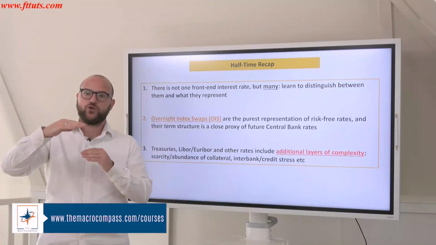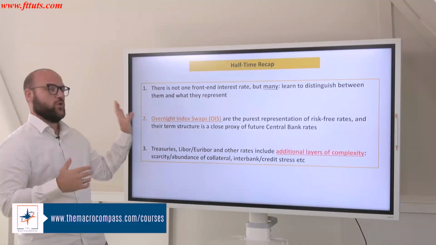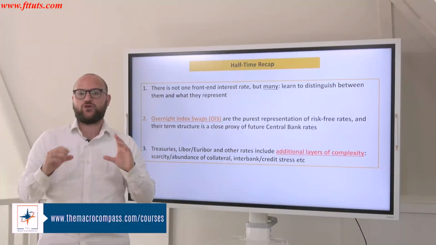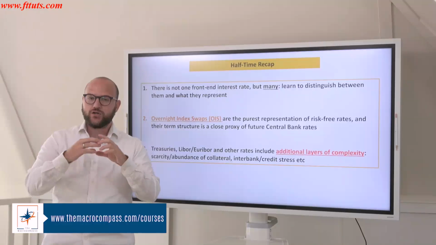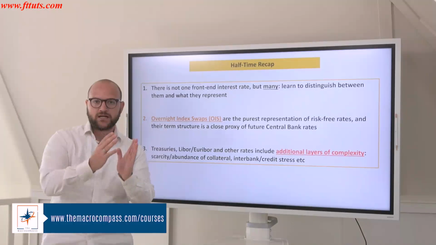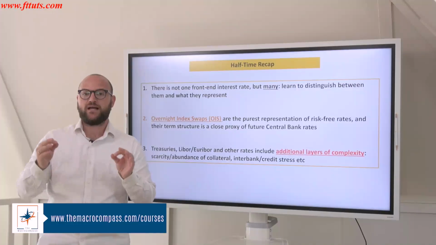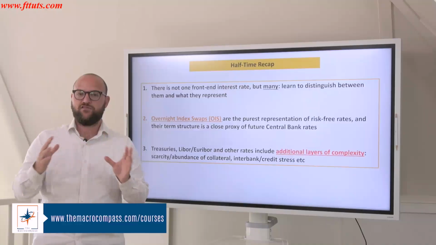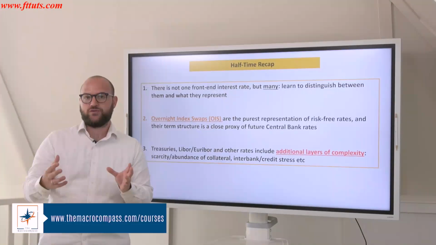And we have also learned that looking at overnight index swaps, that is the purest representation of risk-free rates you can get, because overnight index swaps are nothing else than the market representation of the future path for central bank deposit rate. And a deposit at the central bank is the safest form of short-term interest rate you have in the world.